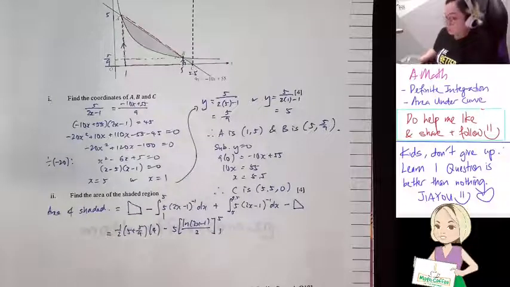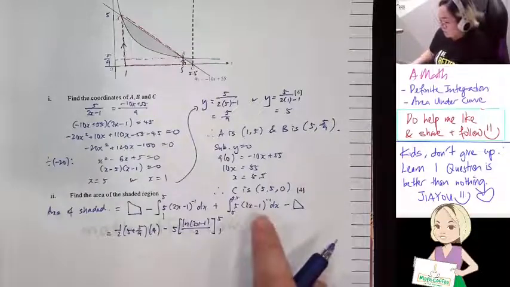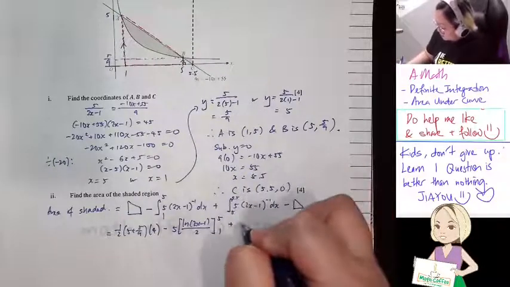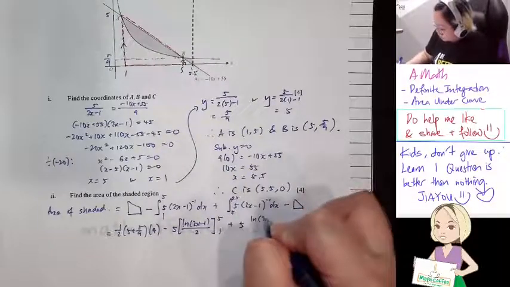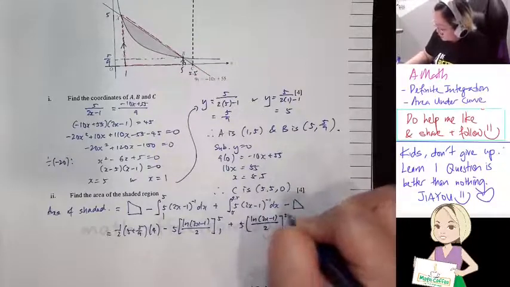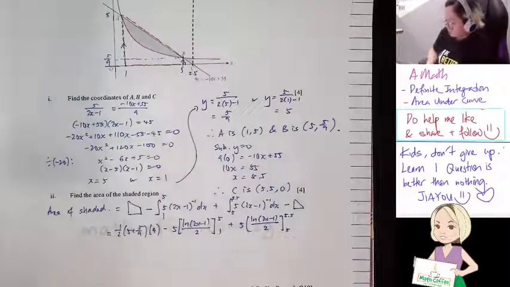This is very tedious because there's quite a lot of portions. Then over here, I'm going to plus, same thing, 5 ln(2x minus 1) over 2. This time round, I'm supposed to sub in 5.5 and 5.